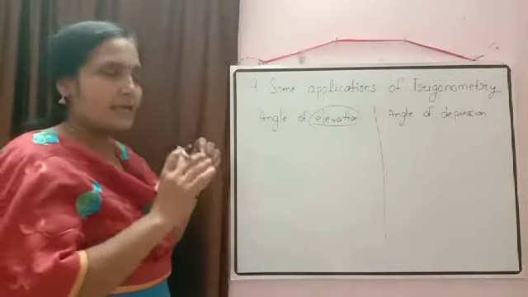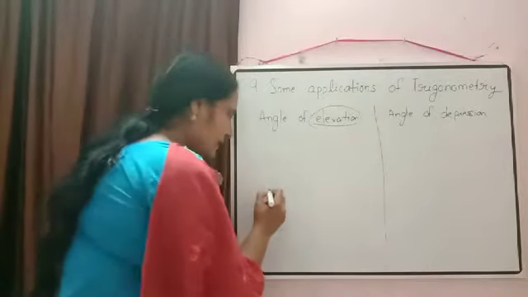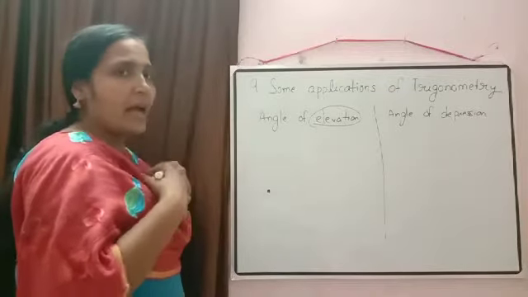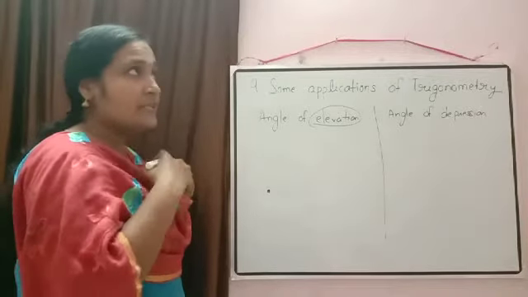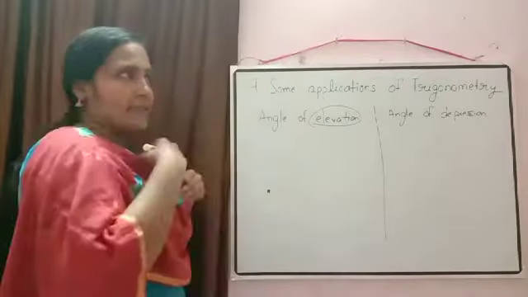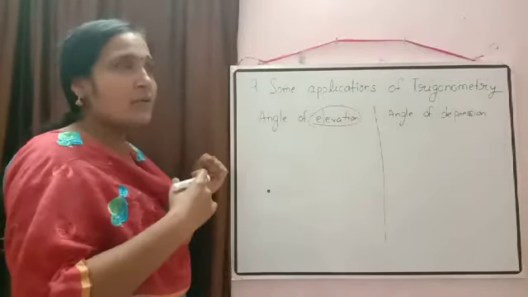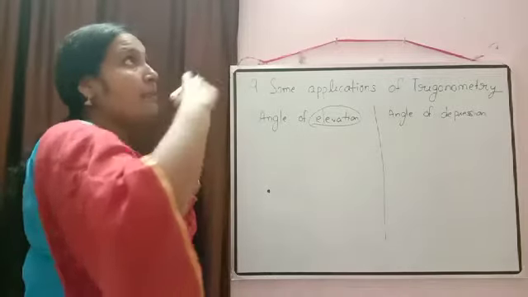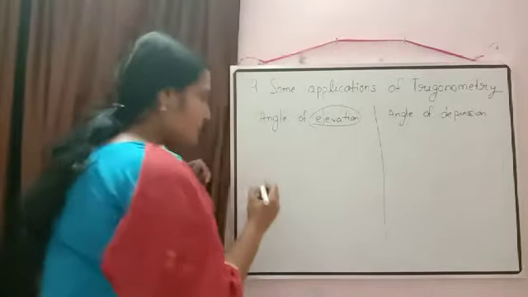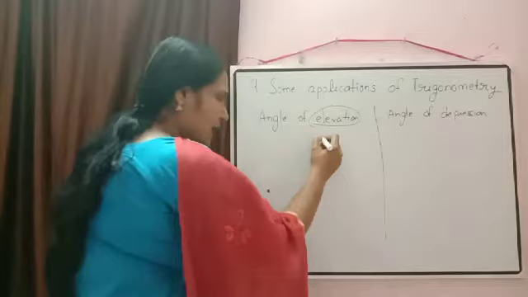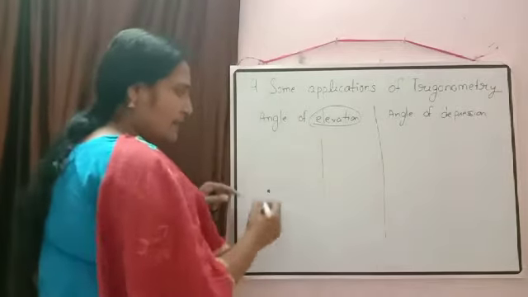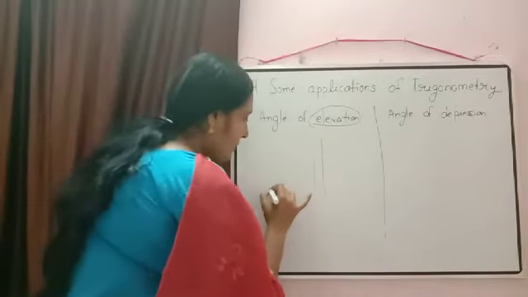It means when we are standing on the ground and looking at an object which is above my level. Suppose I am looking at the top of a tree. How will I look? Obviously I have to look upward, correct? So suppose I am standing on the ground, a tree is there, and I am looking at the top of the tree.